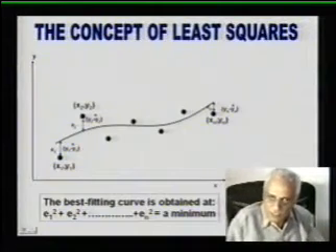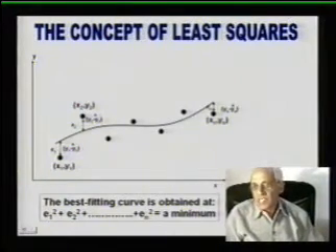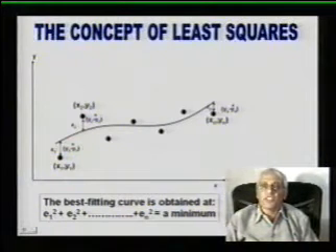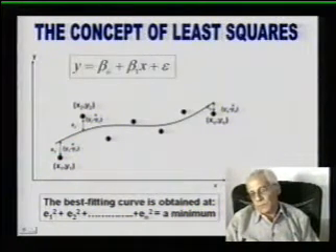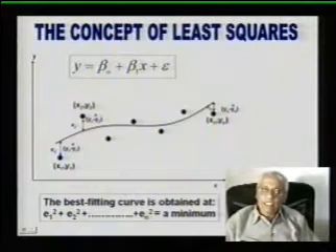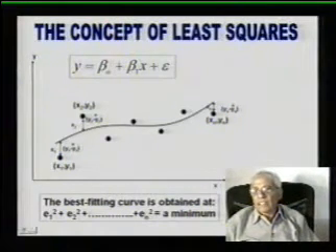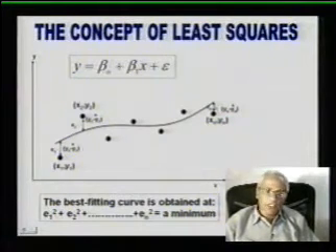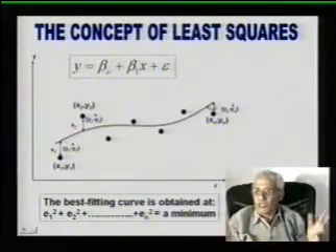So what's the best fitted curve? This is the one that's obtained at minimum sum of these deviations here. That is the curve or the line that results in minimum epsilon, indeed an average epsilon of 0.